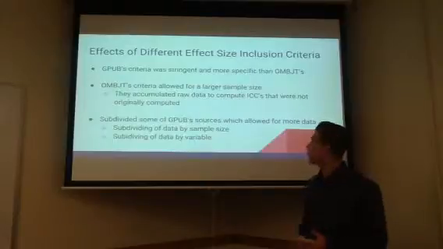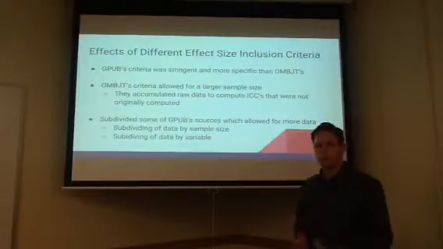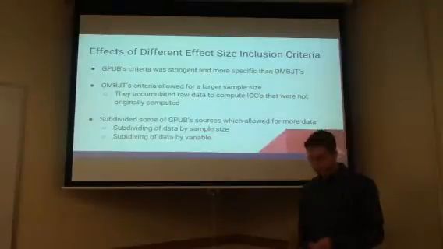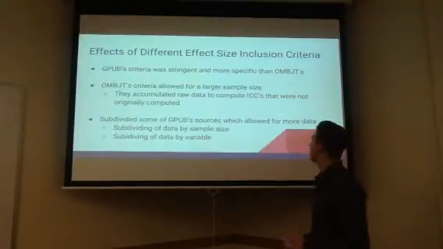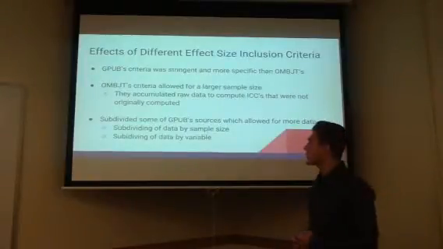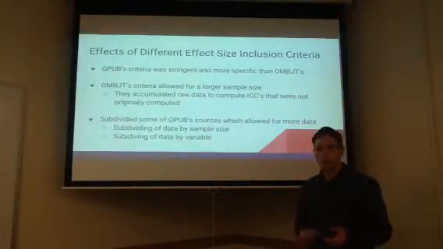OMBJT's criteria allowed for a larger sample size, and they did this by accumulating raw data from different reports in order to compute ICCs, which are IAT criterion correlations that were not originally computed in those reports. And also OMBJT subdivided some of GPUB's sources, which allowed for more data.